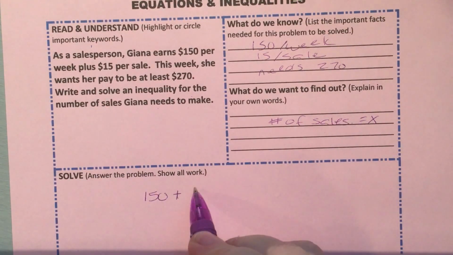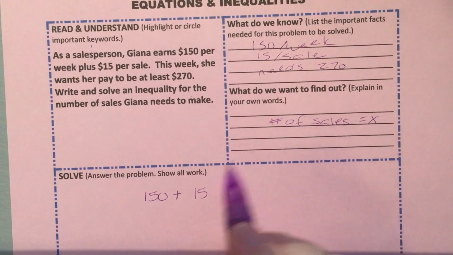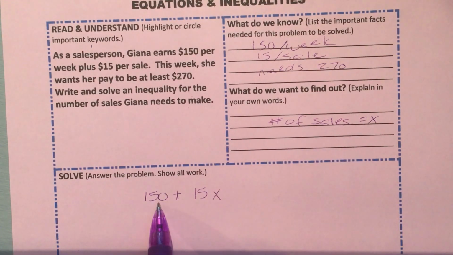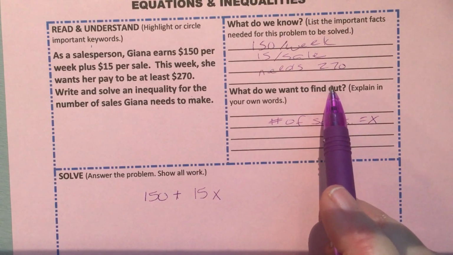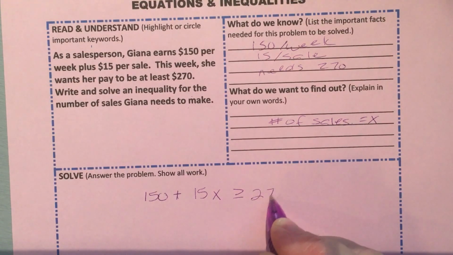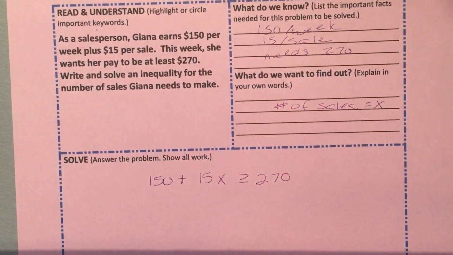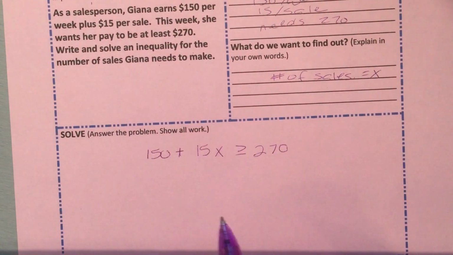So that means $15 times the number of sales, which is x. So it's $150 plus 15x, and that needs to be at least $270, meaning greater than or equal to 270.